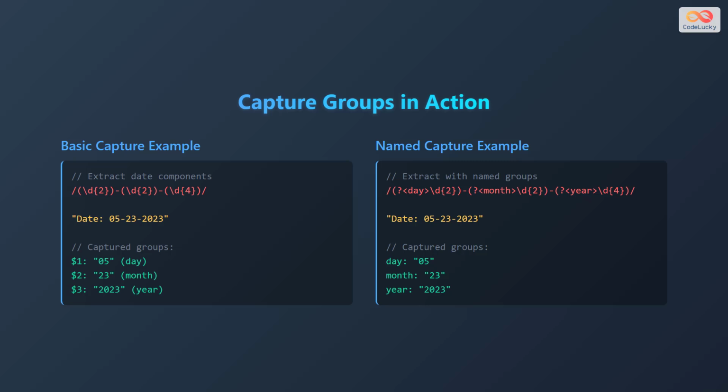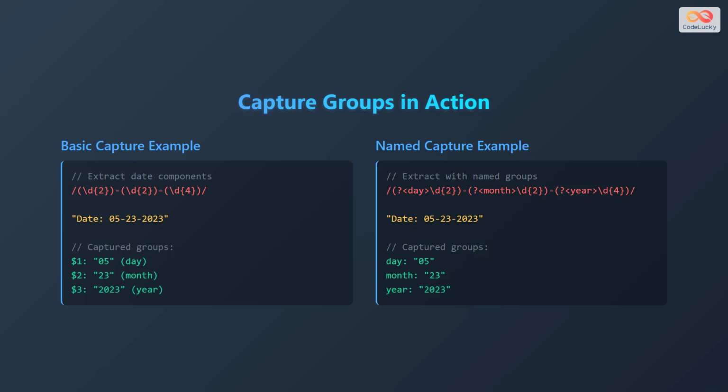The captured groups are $1: 05, which represents the day, $2: 23, which represents the month, and $3: 2023, which represents the year. This demonstrates how capture groups can extract specific parts of a string.